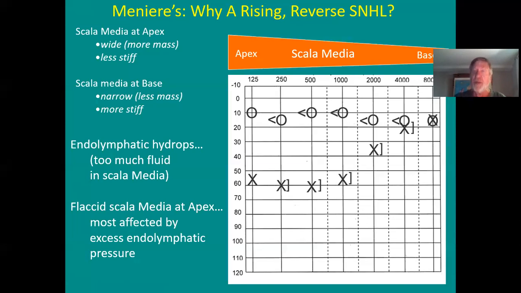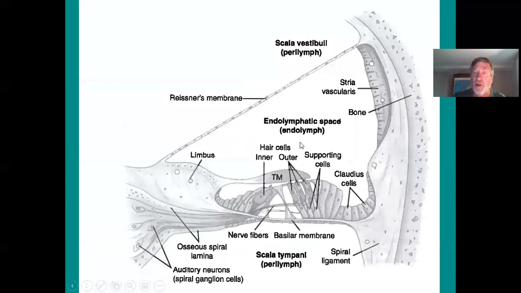Why low? Because with too much fluid in the scala media, what takes place at the base of the cochlea? It's less mass and more stiff. And as you get toward the apex of the cochlea, you've got greater mass and the walls have less stiffness. So if you pump and fill this thing up with excess fluid, where are the walls going to give?